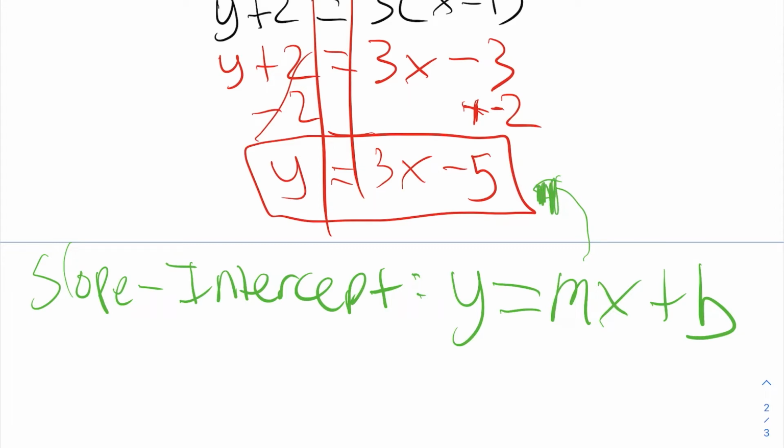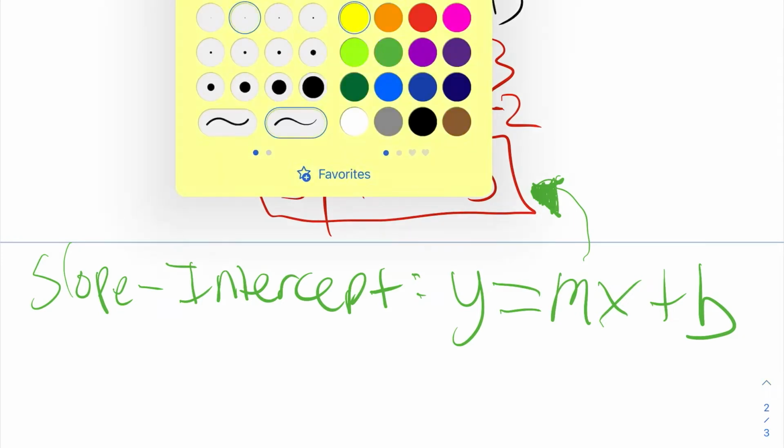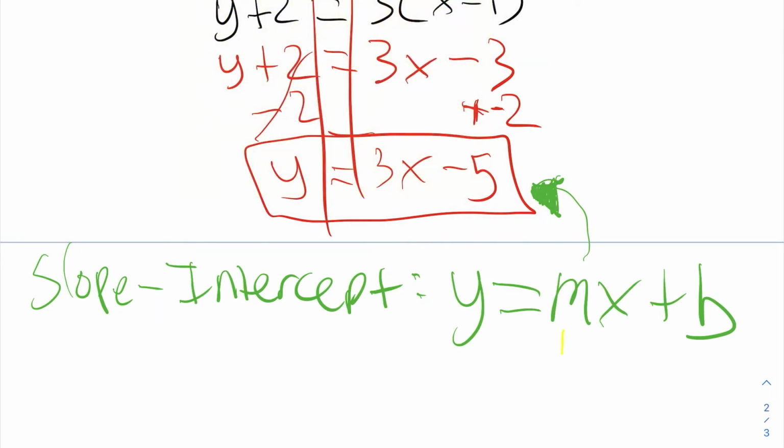And that's the form that we just ended up with right here. This one's useful because our slope is still the same.